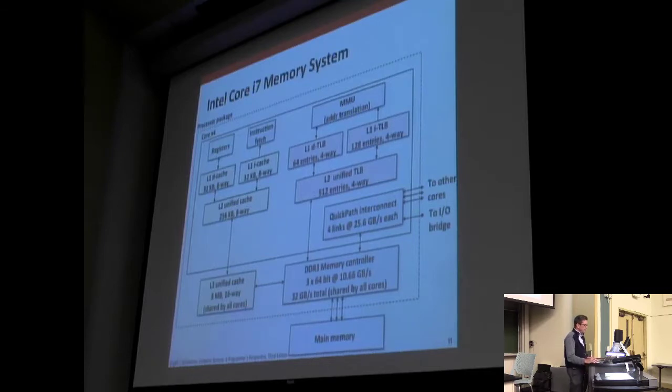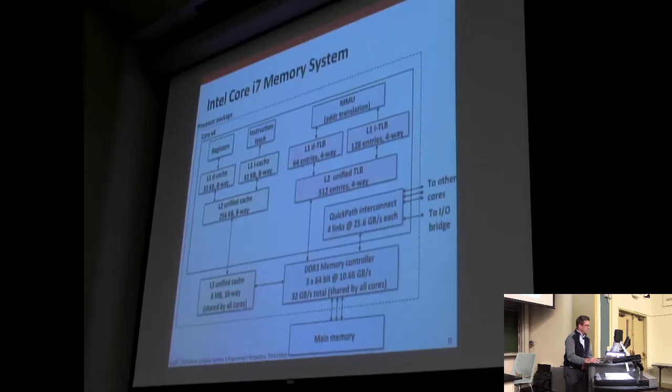Now the MMU also has a hierarchy of TLBs. I was talking with a student after class after the last lecture, and I mistakenly said that the system didn't have a hierarchy of TLBs, but it does. There's a small L1 data TLB and a separate instruction TLB.